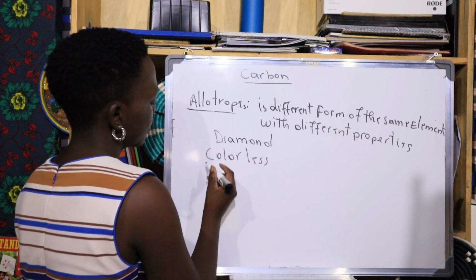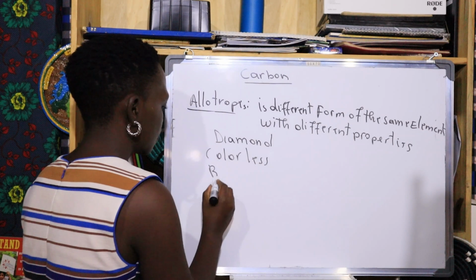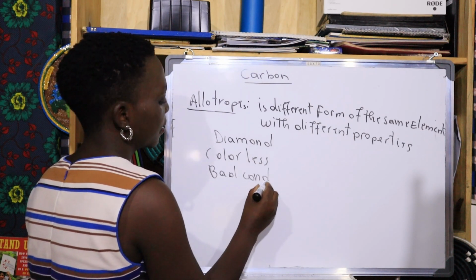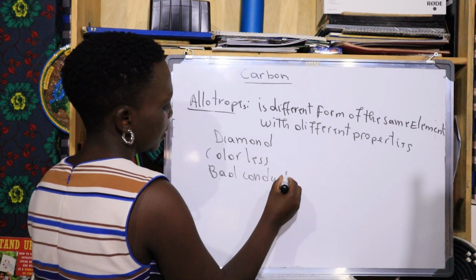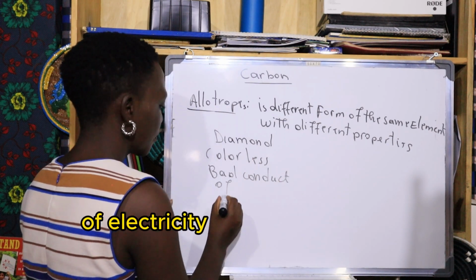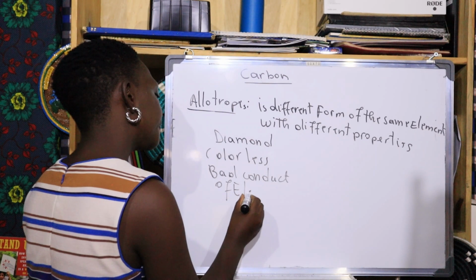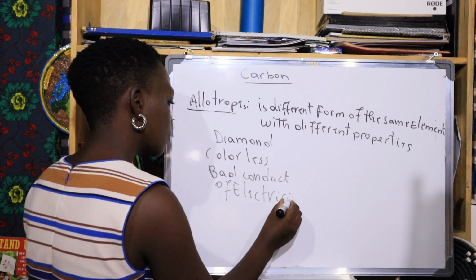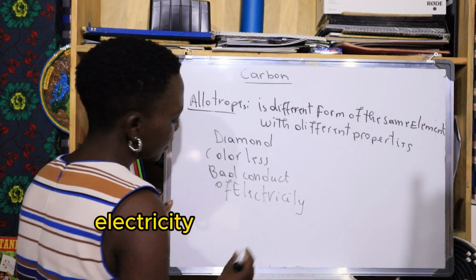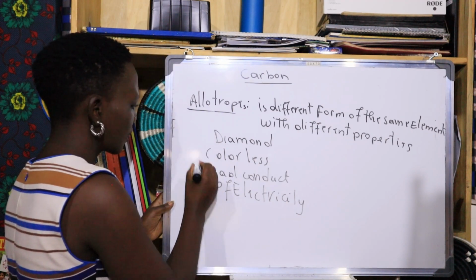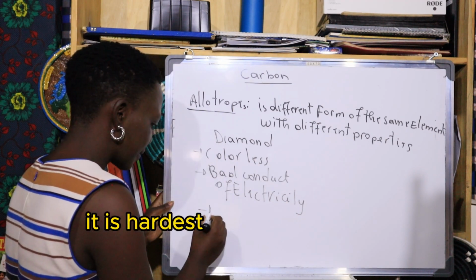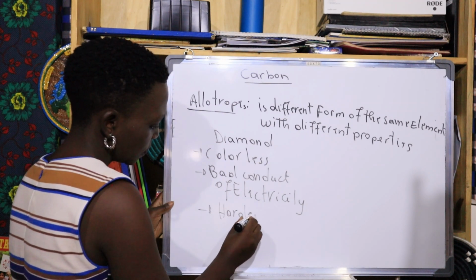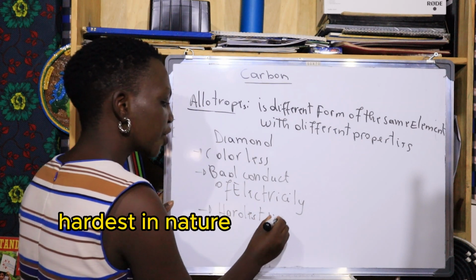Diamond is colorless, a bad conductor of electricity, and the hardest in nature.